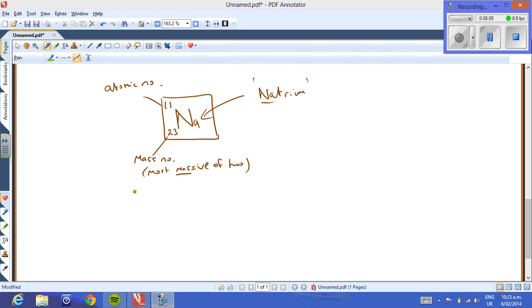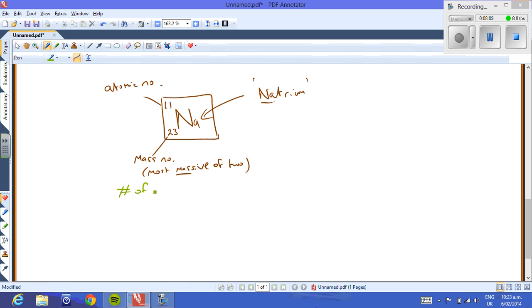The mass number tells you the number of protons, which we're going to give the symbol p positive, and the number of neutrons, which we will give the symbol n for neutron and 0 because it's neutral. It's protons and neutrons which give the mass of an atom.